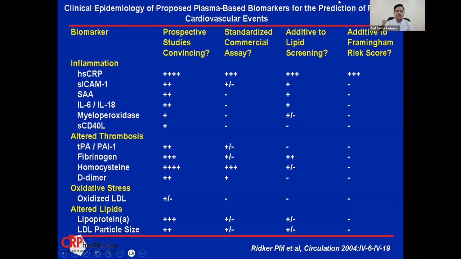Now we can see all the prospective studies are showing that all these risk factors have got a positive role to play in atherosclerosis, particularly lipoprotein, HSCRP 4+, homocysteine 4+, and lipoprotein A 3+. So these are three important risk factors as we can see here.